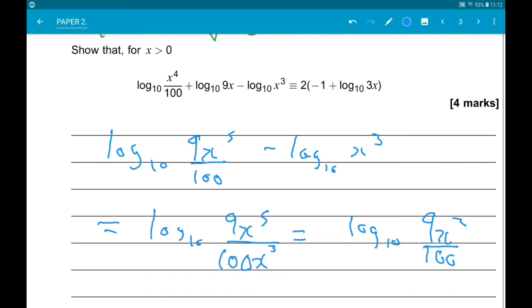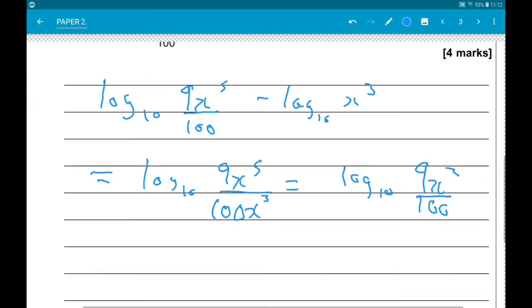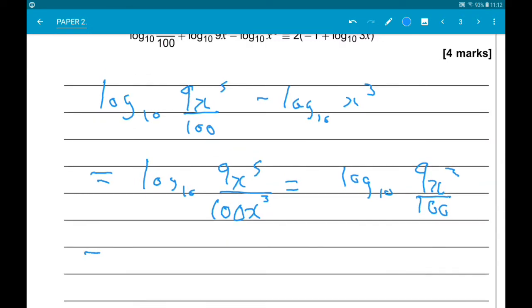Okay, now everything there is square. So we could write this as log 10 of 3x over 10, all squared.